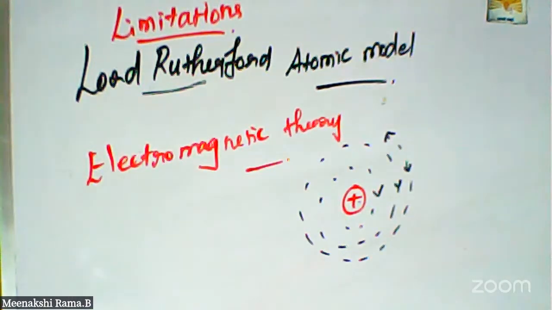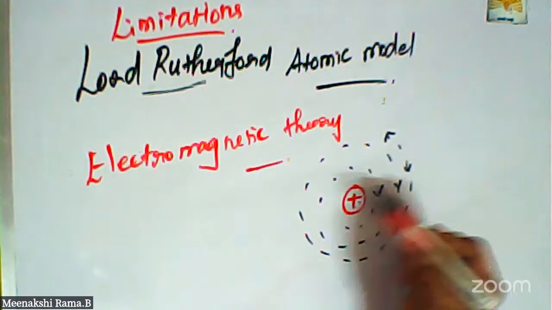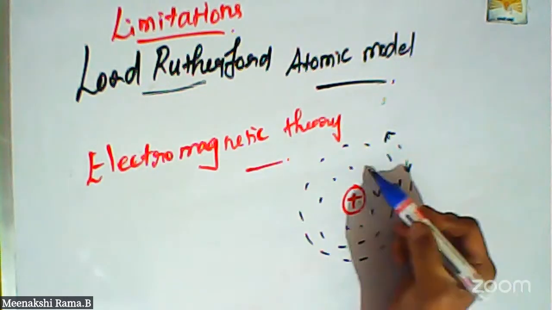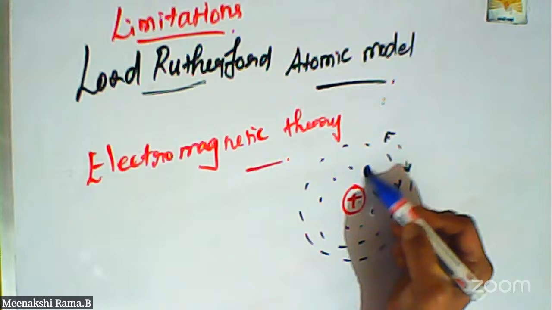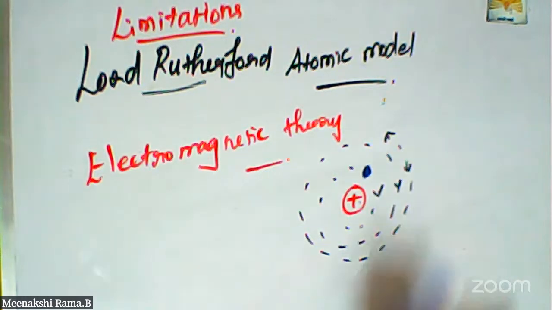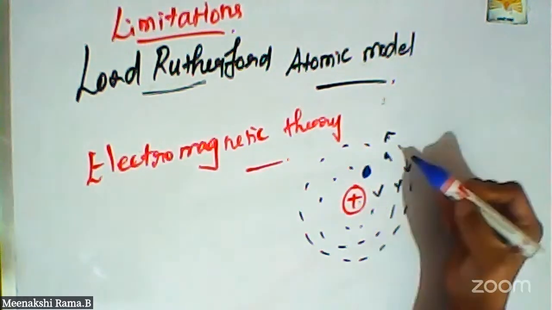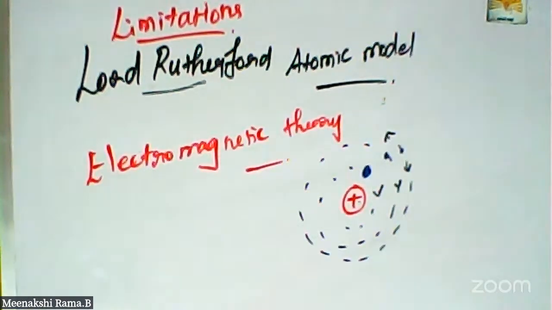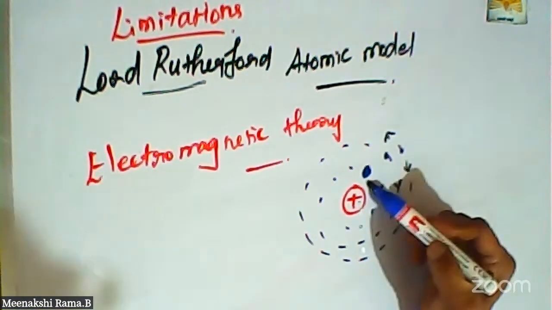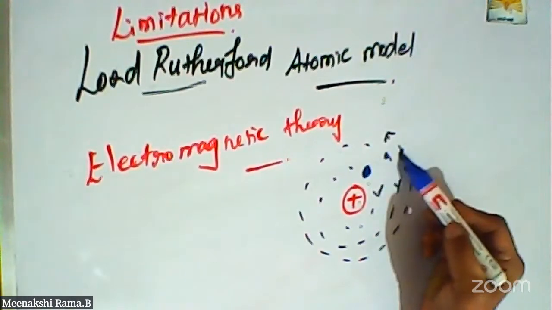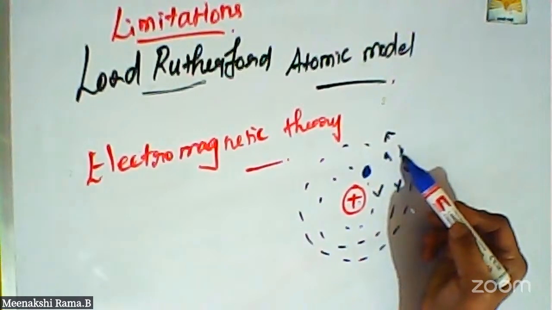Due to this loss of energy, the path of the electron may reduce. Finally, the electron should fall into the nucleus. Just imagine the blue part. In the first round, the size of the orbit is like this, then in the second round the size will be decreased, and in the third round it becomes a very small structure.